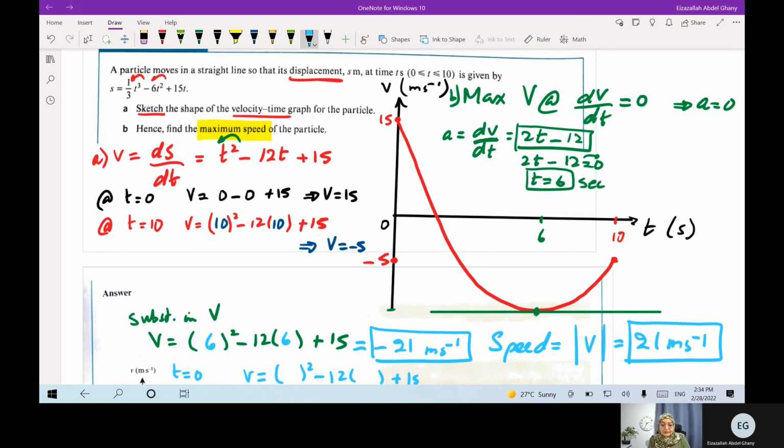Of course, we found it already. It is 0, 0. So it will be 15 meters per second. This 15 meters per second occurred at the beginning. And also, why don't we substitute and get it at 10? We did it before. At 10, it is -5. So we have here 3 values for velocity. One of them is -5. One of them is -21, which is 21 after finding the speed. And one is 15. So which one is the maximum speed? This one is the winner.